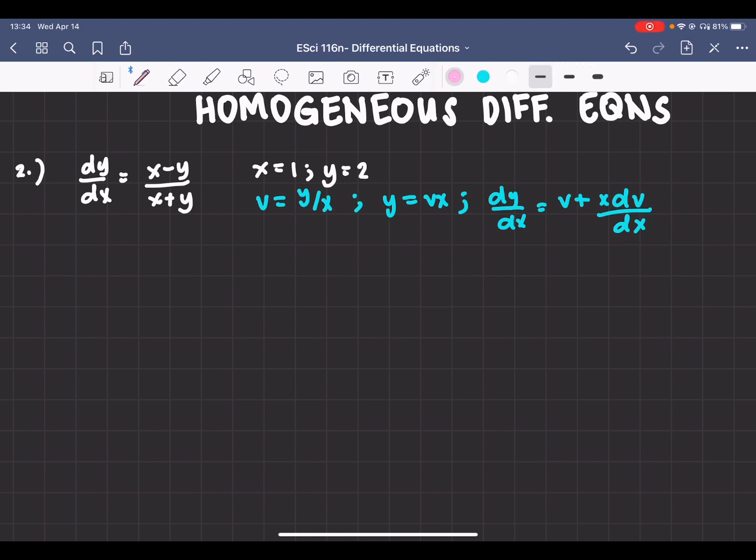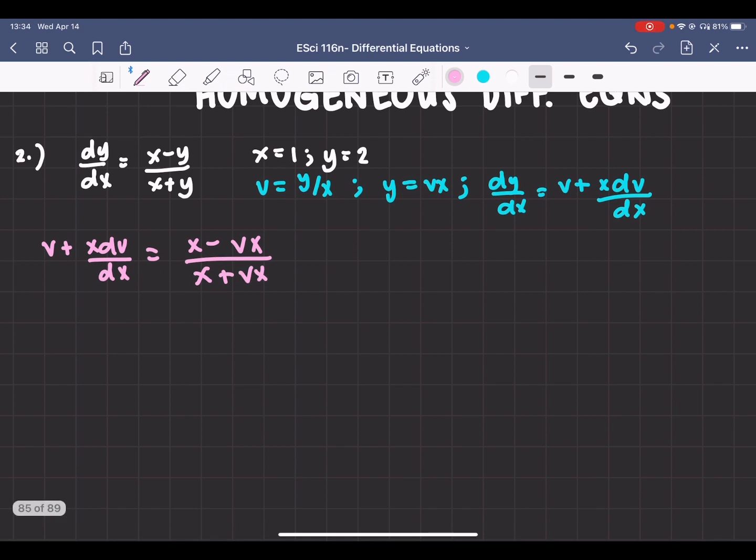That's v plus x dv over dx is equal to x minus vx over x plus vx. We can factor out the x on the right side. That's v plus x dv over dx is equal to x times the quantity of 1 minus v all over x times the quantity of 1 plus v.